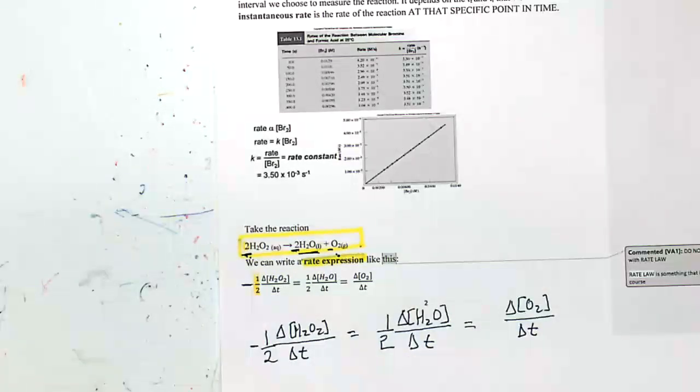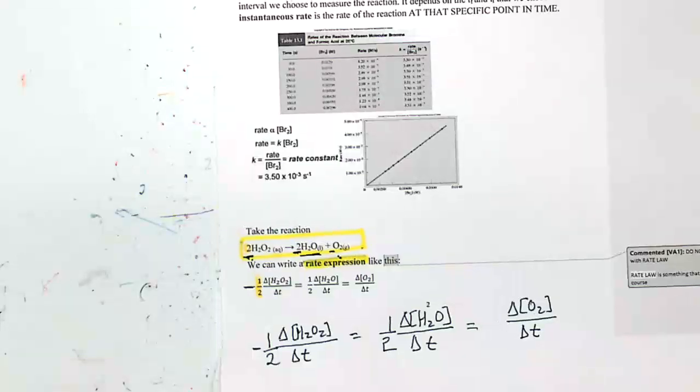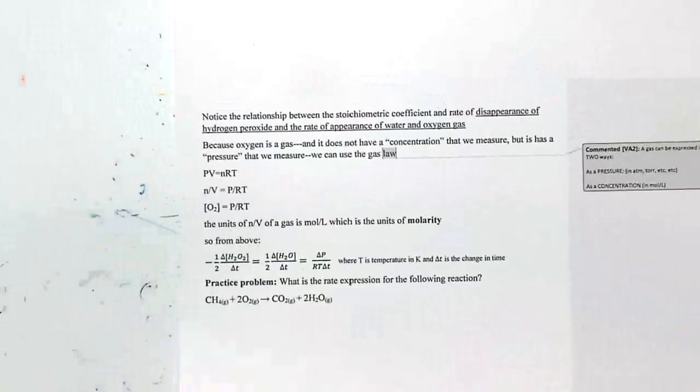The stoichiometric coefficient. Oh, okay. So you take the reciprocal of the coefficient, just for the rate expression.